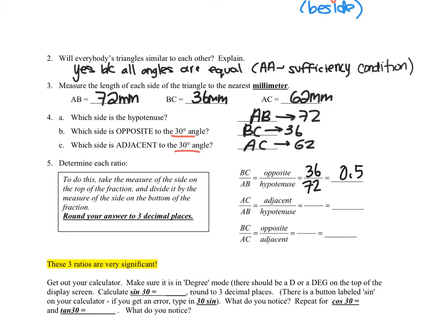Regardless of what triangle they had, everyone should have something very similar. Adjacent was 62, hypotenuse was 72, and I get 0.861. And last one, opposite over adjacent, I got 0.581. Okay, that's great.